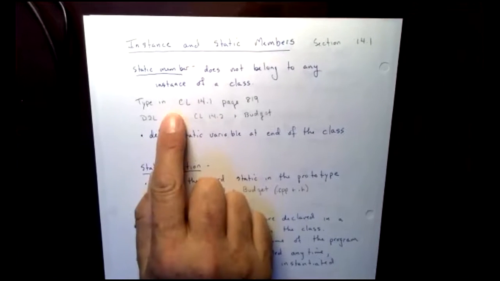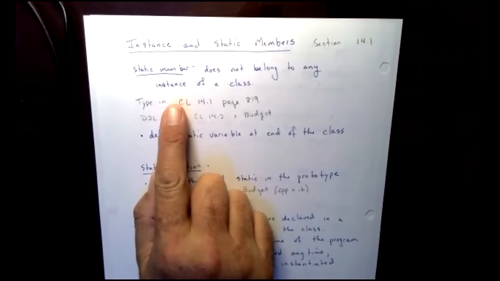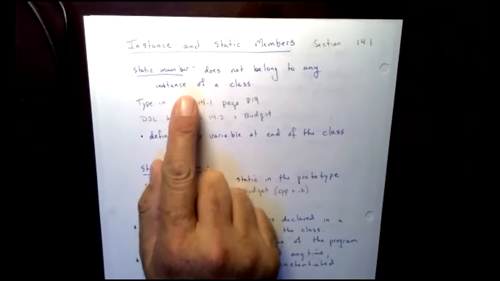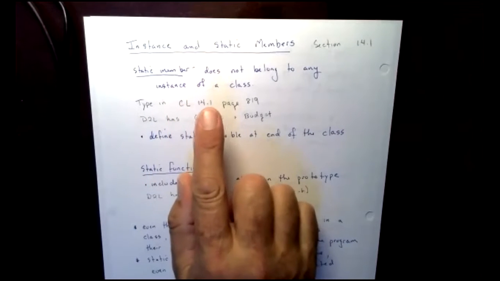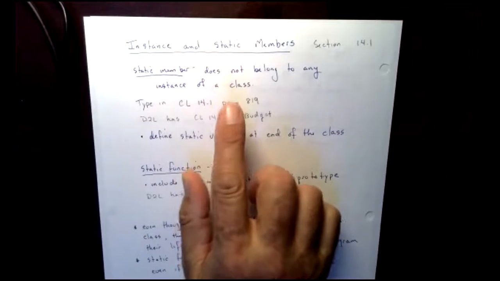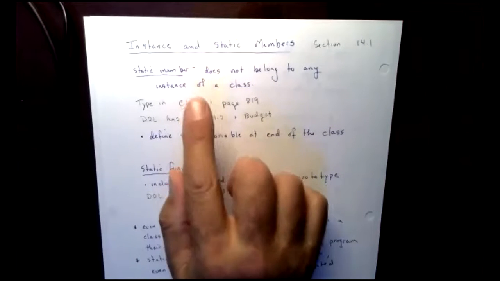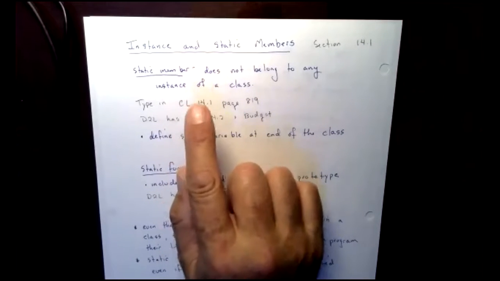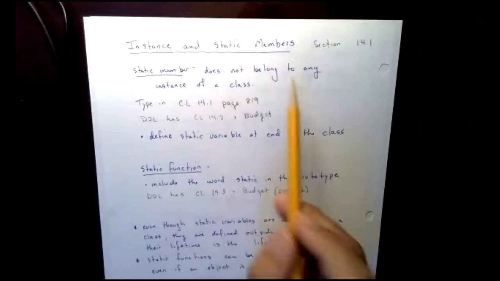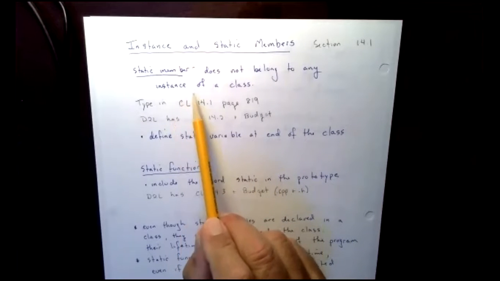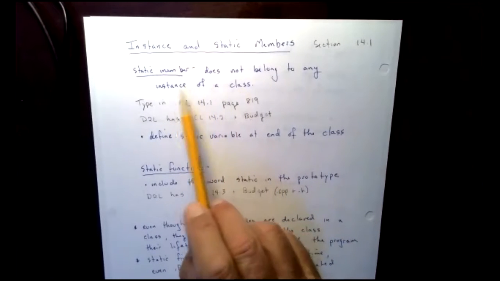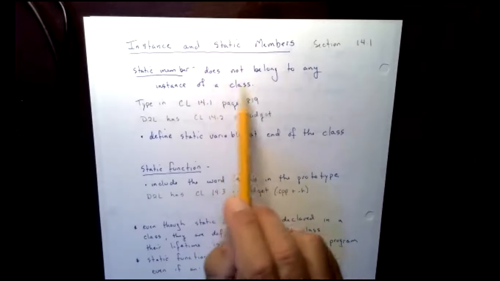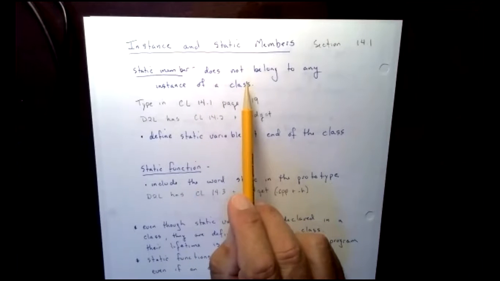A static member is a variable that I put in a class. If I have a class in front of me and I want to create a variable that does not belong to any instance of the class, it's just there, and every instance of the class gets to use it.